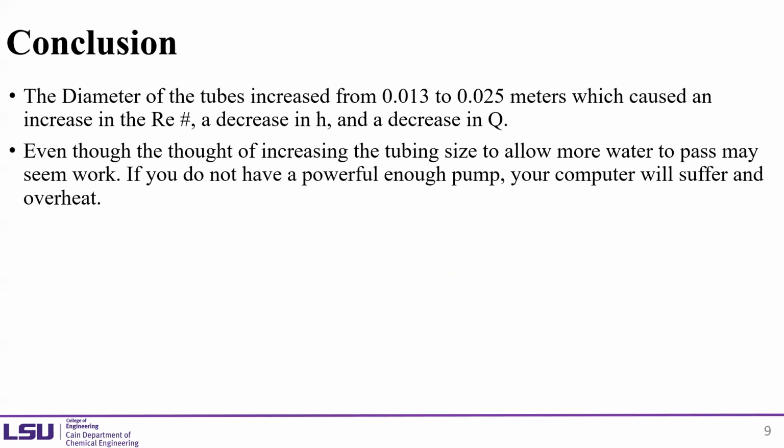And we can conclude from this data that because the rate of heat transfer decreased, it's showing that as the tubes increased, the amount of heat that the water cooler is taking off of the components is being reduced. And this is not good for the component because it's being put under a lot of stress trying to play a very demanding program. And if it doesn't have the correct cooling, then that can end up destroying your components.